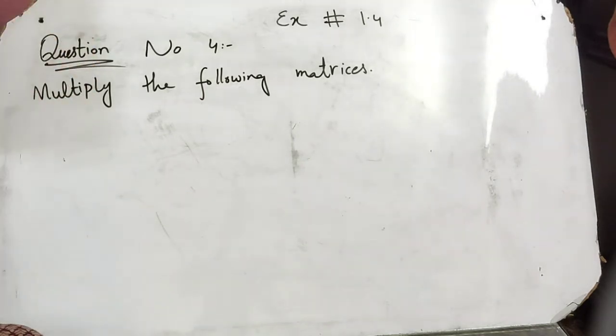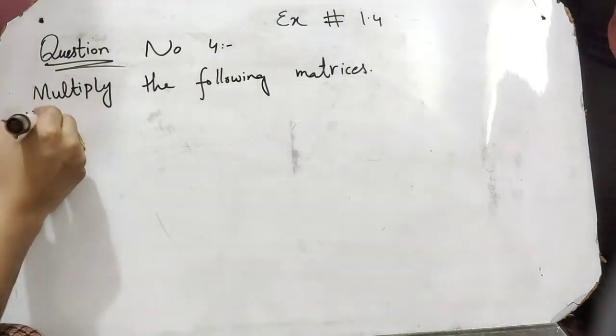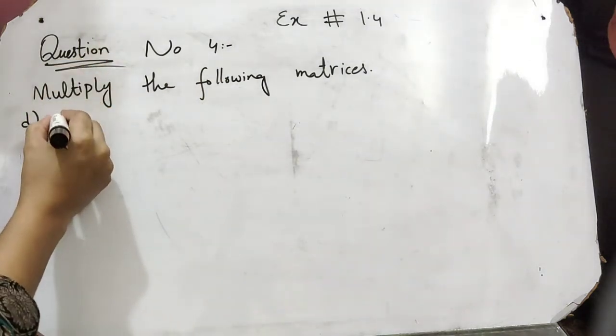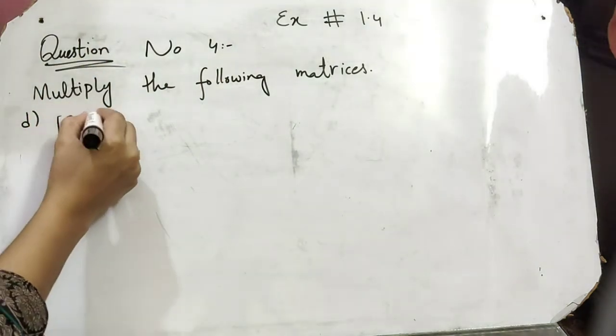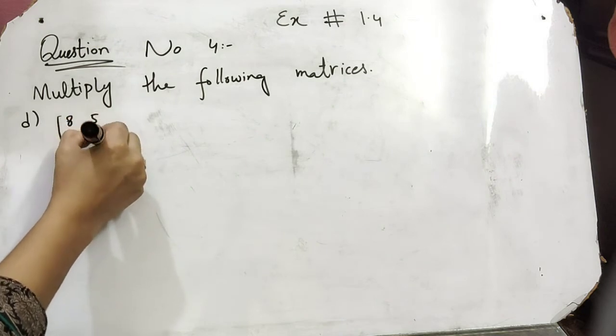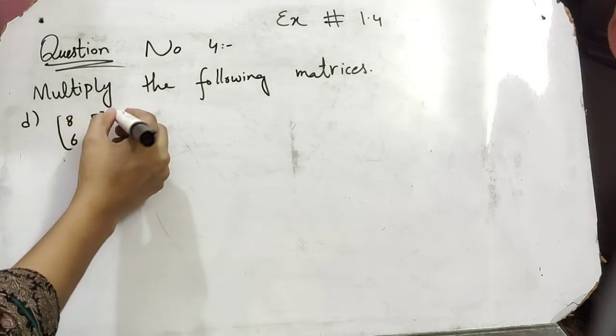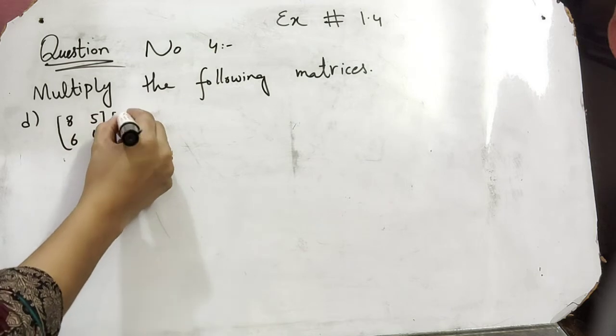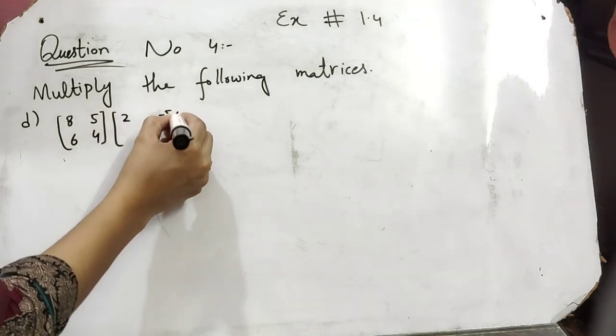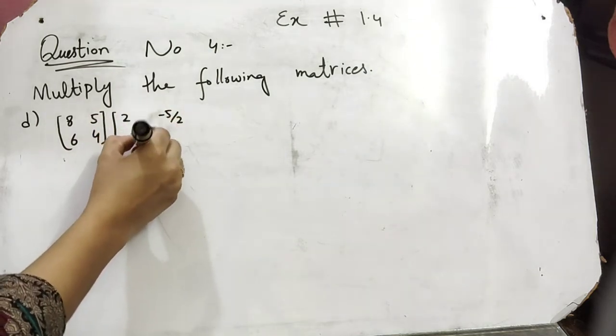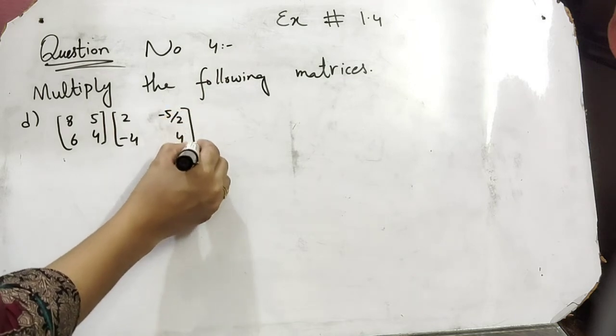Now we solve part D, and the D part is [8, 5; 6, 4] multiplied by [2, -5/2; -4, 4].